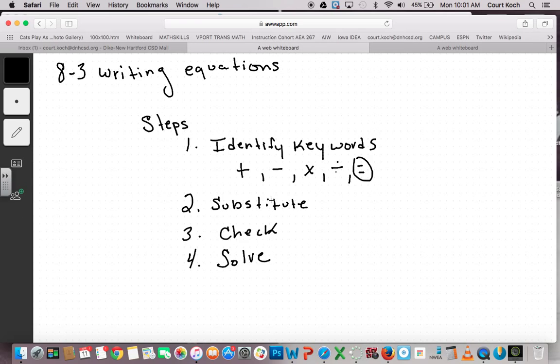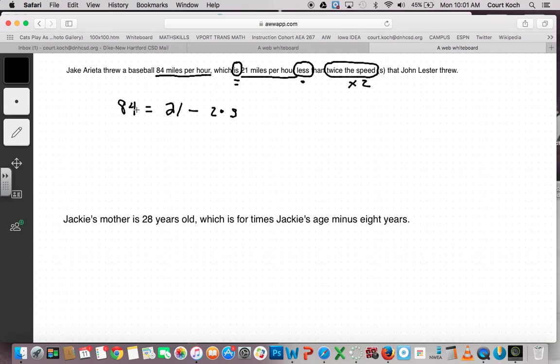I've substituted. Now I need to check, and really what I'm checking for in step 3 is number sense. Does this make good number sense? 84 is, sure. 84, the answer to the equation, is equal to 21 minus 2 times S. Well, what is S?